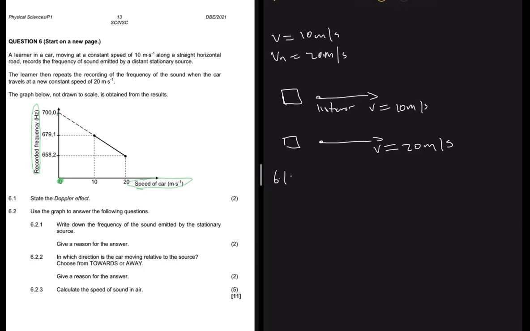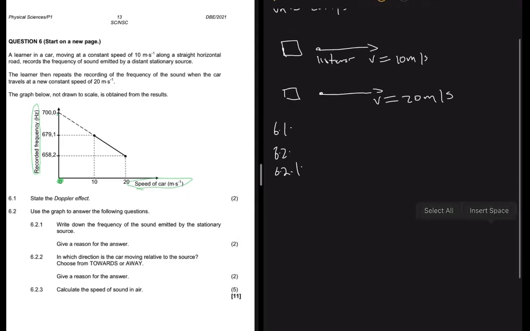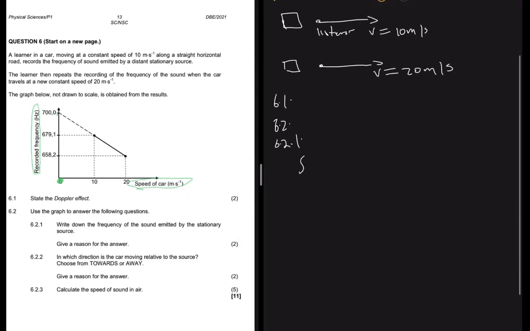6.2 says use the graph to answer the following questions. 6.2.1, write down the frequency of the sound emitted by the stationary source. The equation we have for the Doppler effect is that the frequency observed by the listener equals (V plus or minus VL) divided by (V plus or minus Vs), multiplied by the frequency emitted by the source.